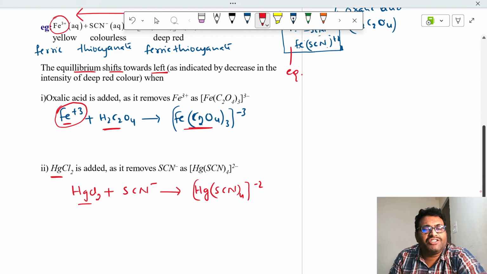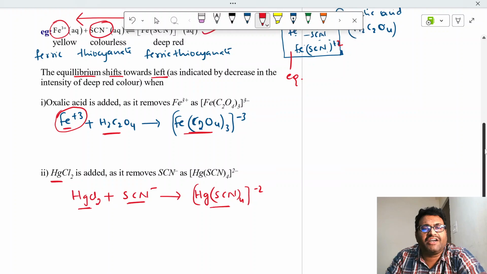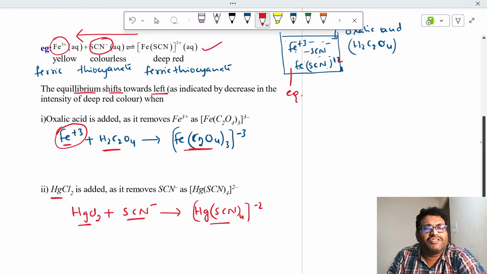So when you add HgCl2 to the container in which there is equilibrium between reactants and products, it reacts with the reactant, the SCN- ion. So some of the reactant is decreased. When some amount of reactant is decreased, it has to be replaced, reproduced. If it has to be reproduced, the product FeSCN+2 should decompose and convert into reactant.